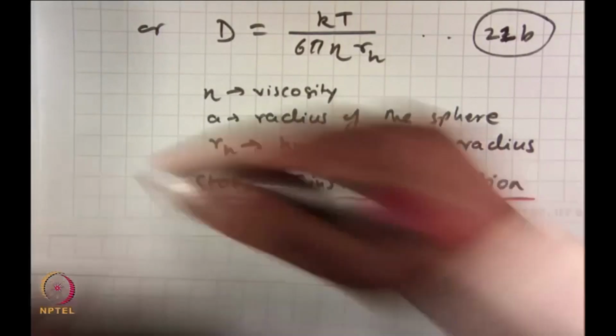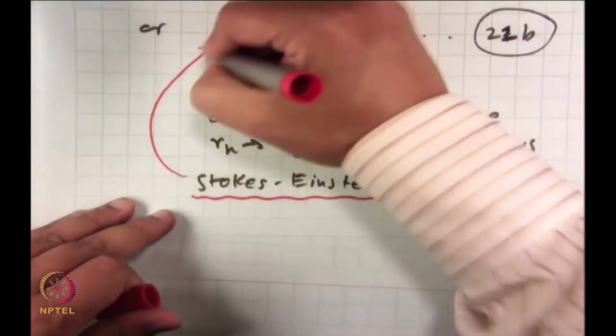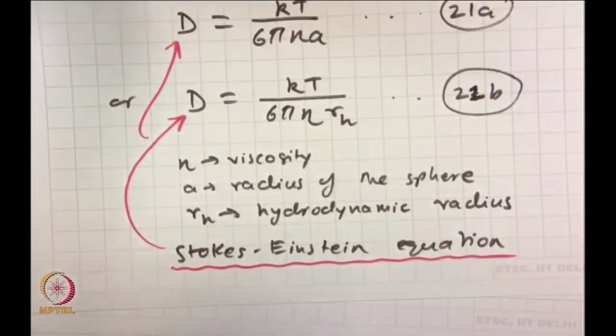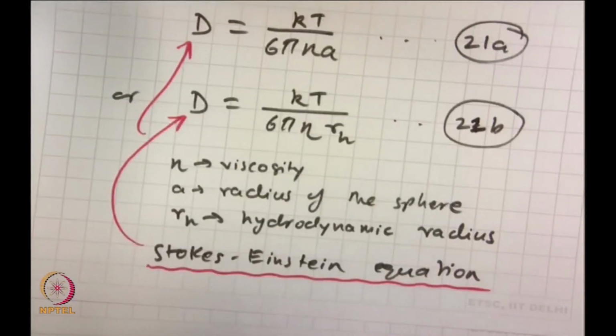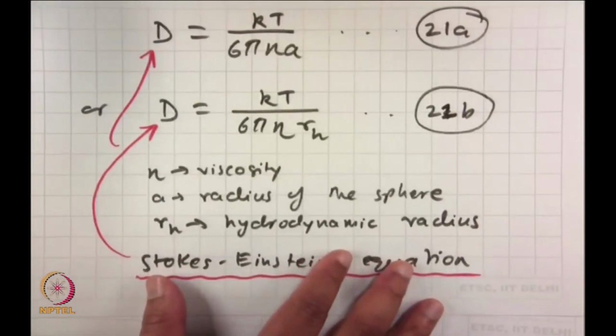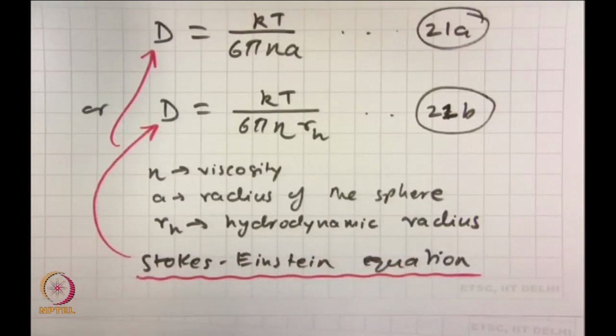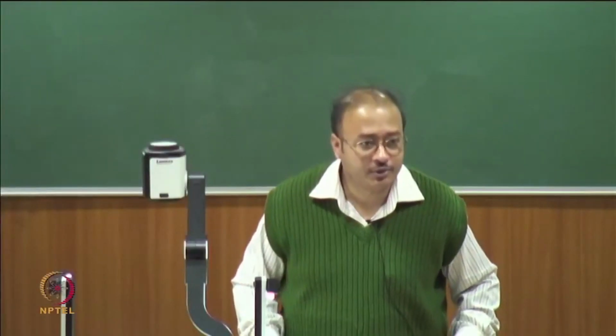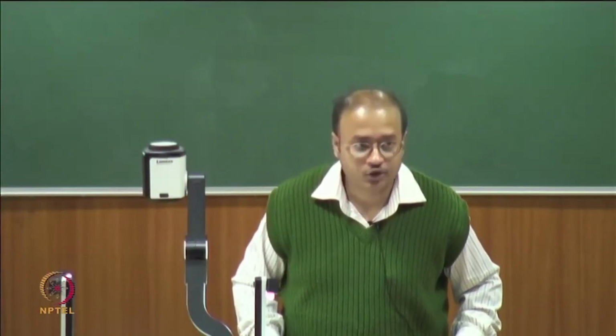Okay. So imagine where you started from. You started from flux, right. There was no friction, you put in friction, then you define equilibrium condition, and you found a very simple relation between D and the friction coefficient.